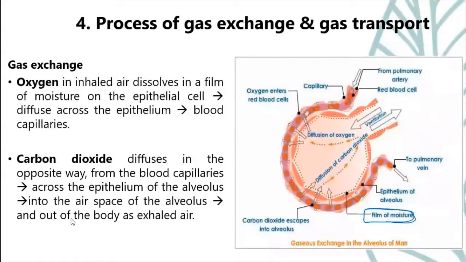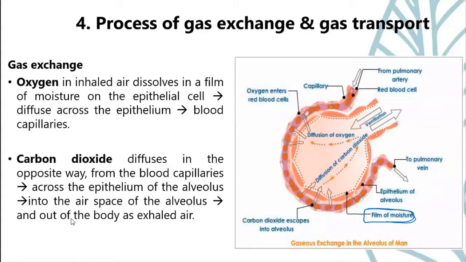So this allows the alveolus to be kept moist, and also to make sure that respiratory gases can dissolve before the process of diffusion occurs. In order for the respiratory gas to diffuse, it has to dissolve first. Dissolve and then diffuse.